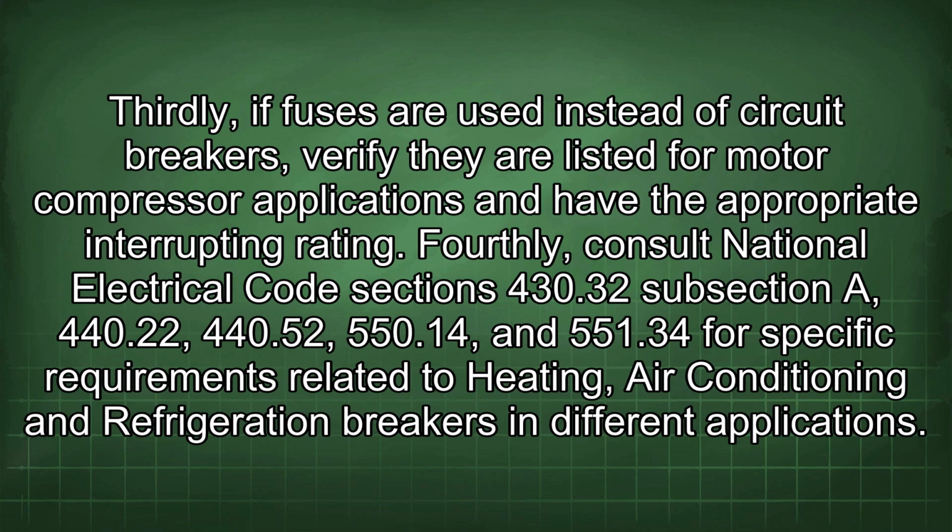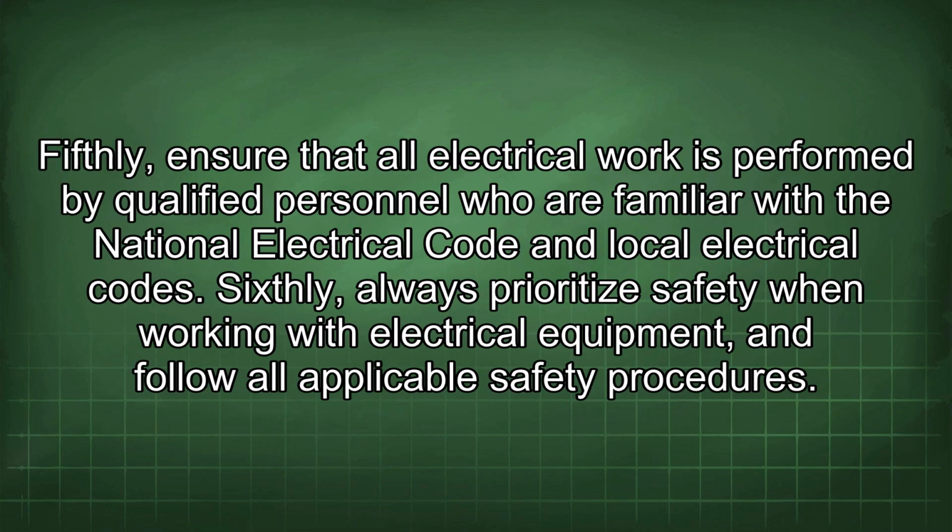Fourthly, consult National Electrical Code sections 430.32 subsection A, 440.22, 440.52, 550.14, and 551.34 for specific requirements related to heating, air conditioning and refrigeration breakers in different applications. Fifthly, ensure that all electrical work is performed by qualified personnel who are familiar with the National Electrical Code and local electrical codes. Sixthly, always prioritize safety when working with electrical equipment, and follow all applicable safety procedures.